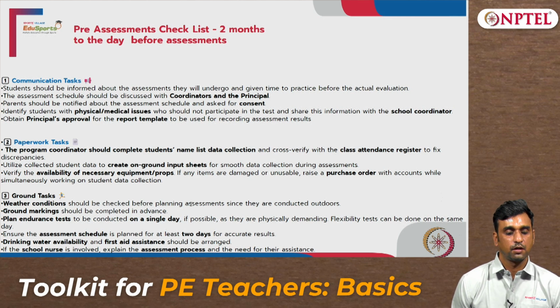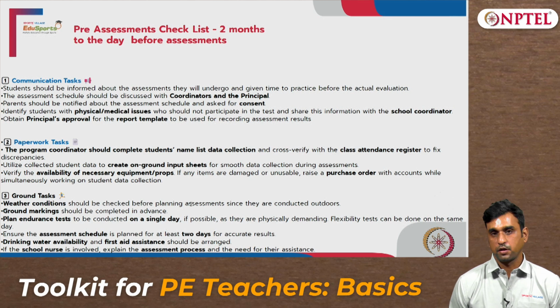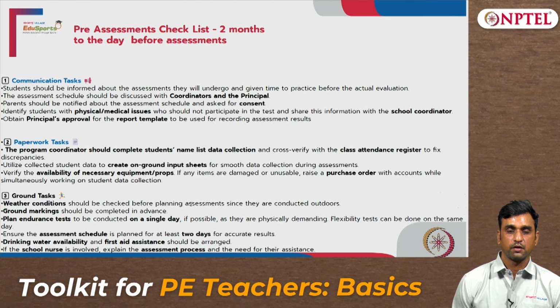Then you have the paperwork task, which involves the verification of the student name list, which is very important, with the class register, or it could also be cross-verified with the school accountant, that these are the students who are eligible to take the test.